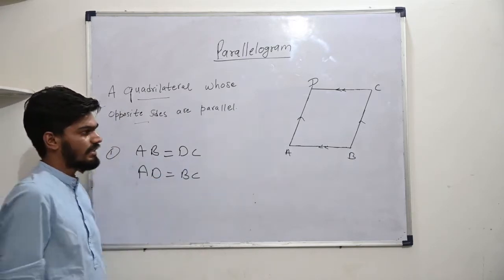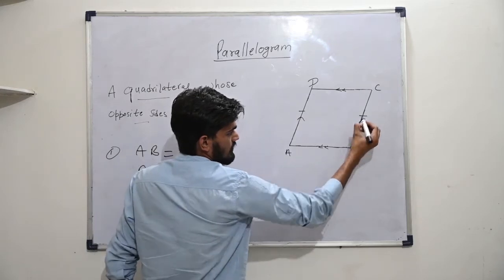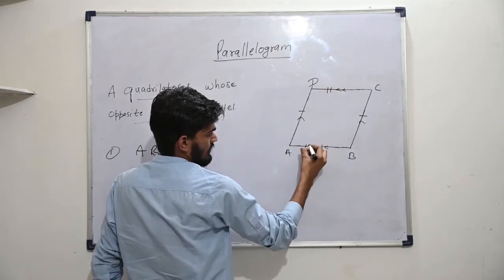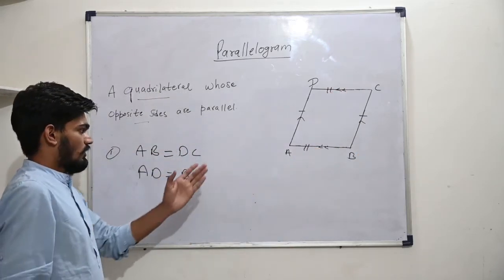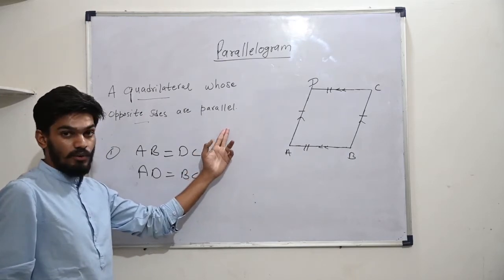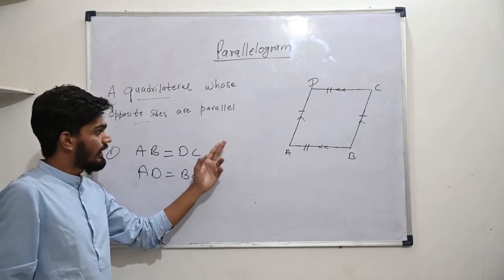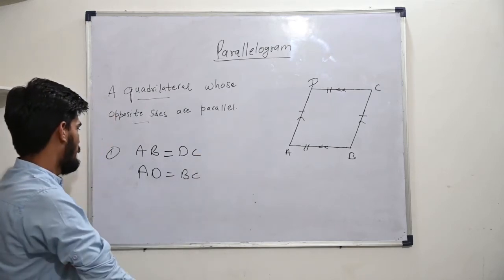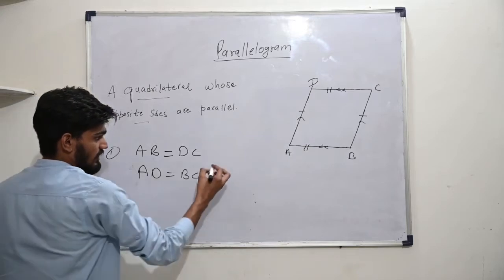As they are opposite sides, this side is equal to this side and these two sides are equal. So concluding this and the definition of parallelogram, we can say a parallelogram has opposite sides equal and parallel. Okay. Then we talk about the second property.